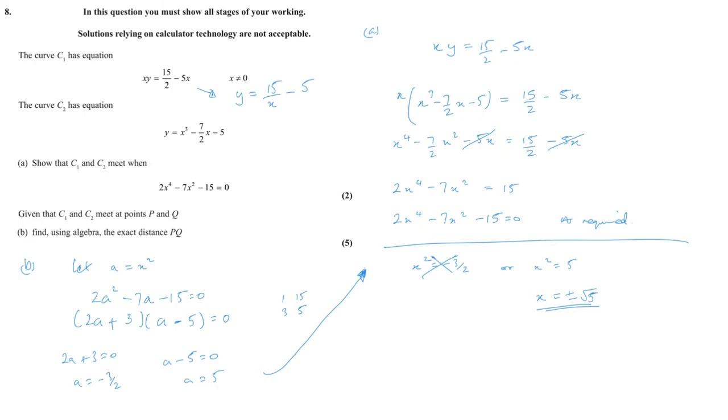So if I divided by x here, I'd have 15 over 2x minus 5. So I could substitute it into this, which would be a little bit easier, which is what I'm going to do.